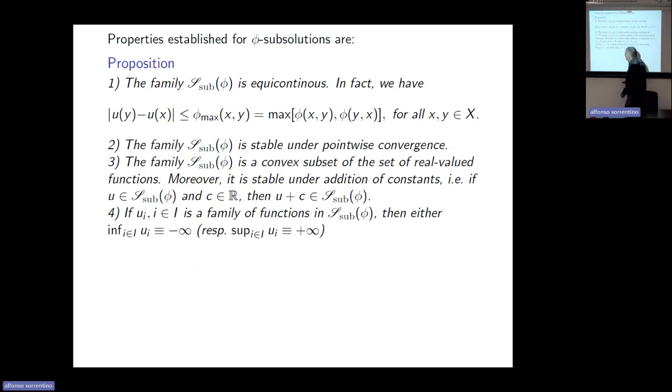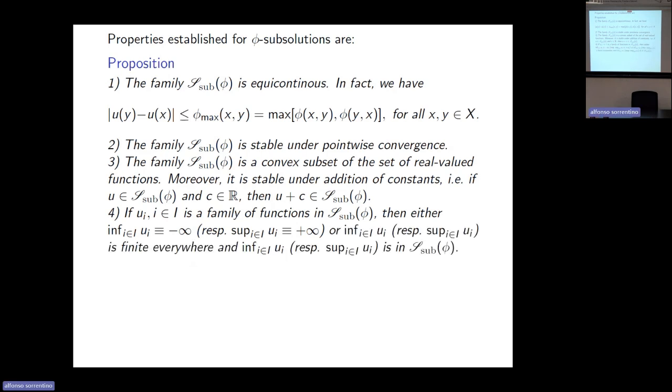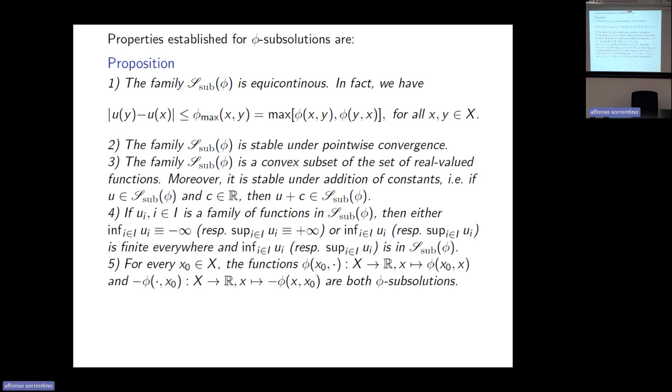Okay, so the inf will satisfy the same inequality. And this is because phi is finite. If the inf is minus infinity at one point, it's minus infinity everywhere. And same thing for the sup. And once it is finite at one point and hence finite everywhere, it's a subsolution because it's an inequality.